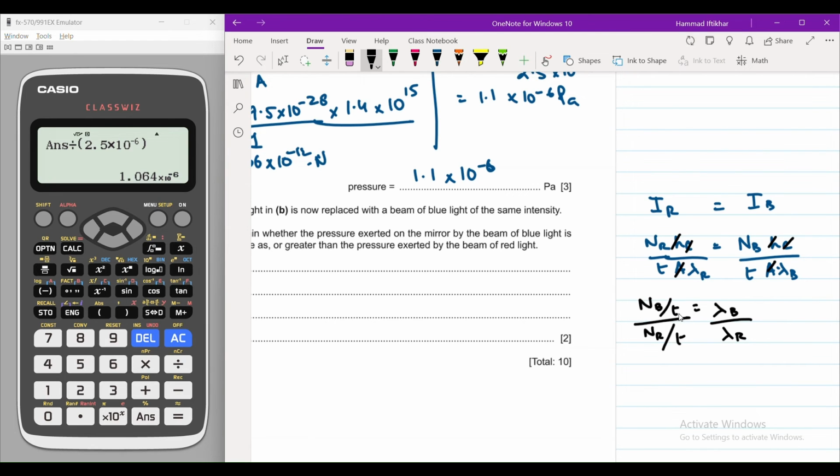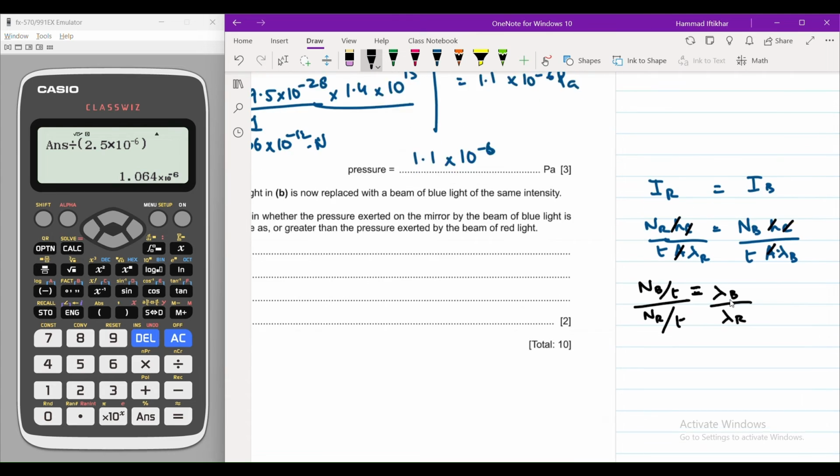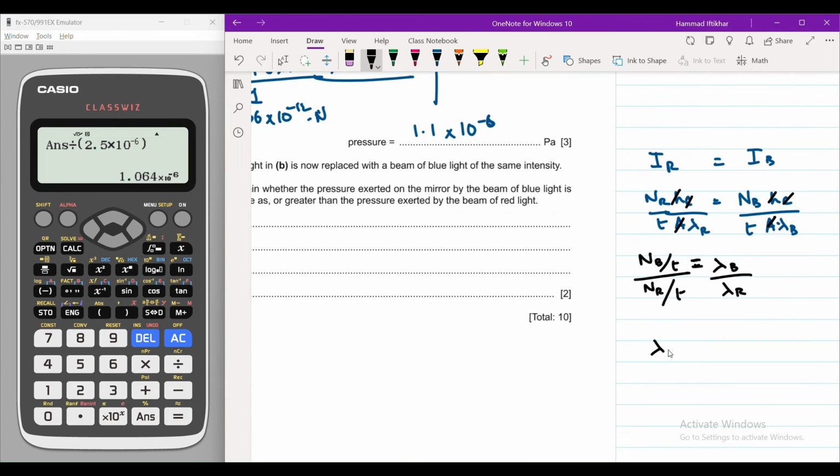So basically it's a ratio. So we know that lambda blue, the wavelength of blue, is smaller than lambda_R, because its frequency is greater.